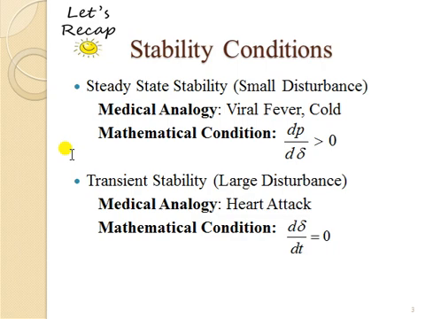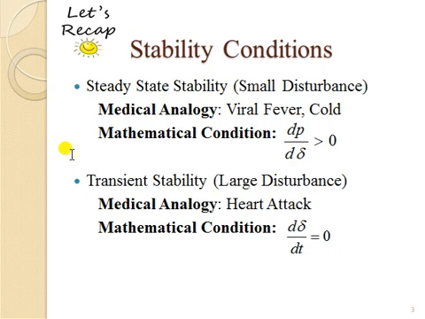Though there is third type of stability, that is dynamic stability, our focus in this lecture is only on these two types. Now what is steady state stability? Conceptually you can understand its medical analogy is always with very small disturbances in our body like viral fever or cold.